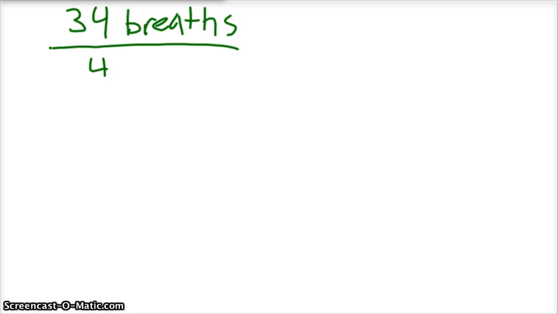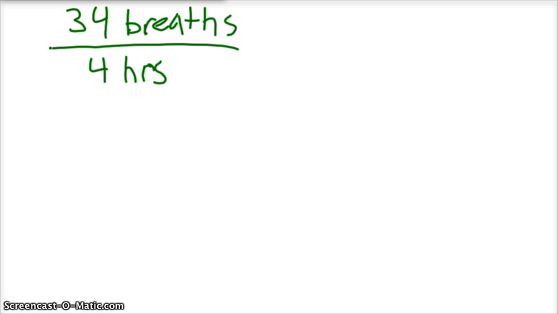So let's write that as our comparison. Now remember, we're trying to find per hour, so hour needs to be on the bottom. So we're going to have our 34 breaths over 4 hours.